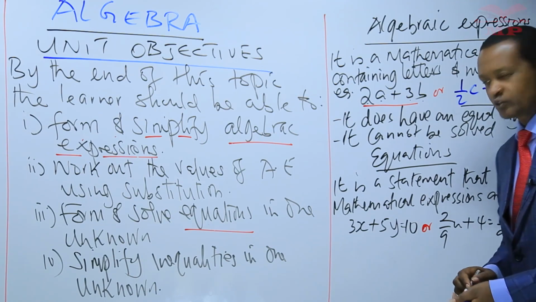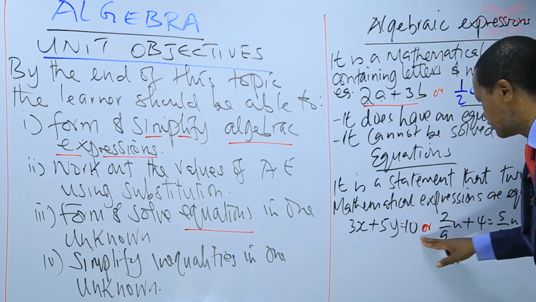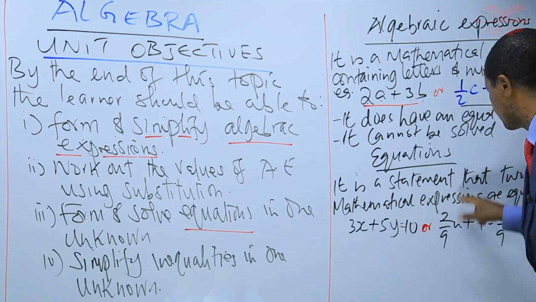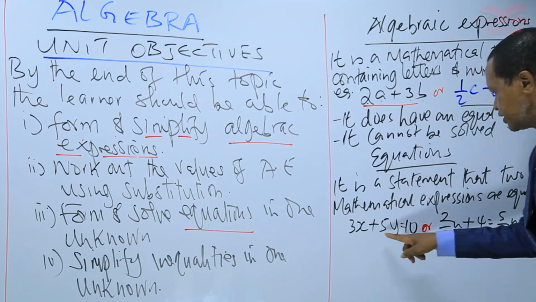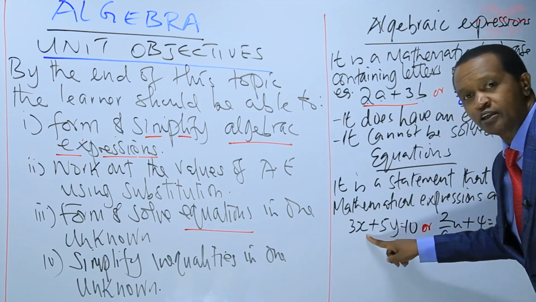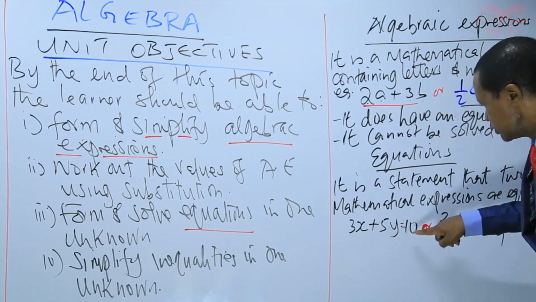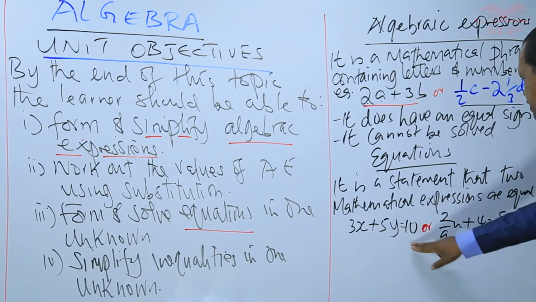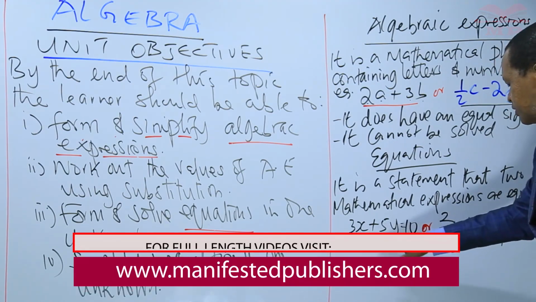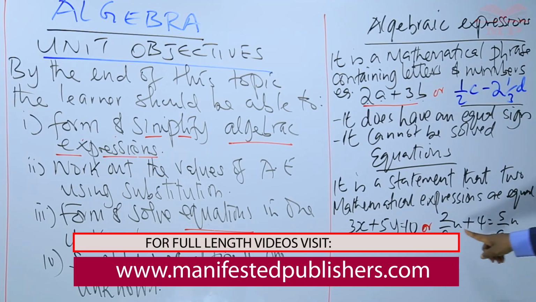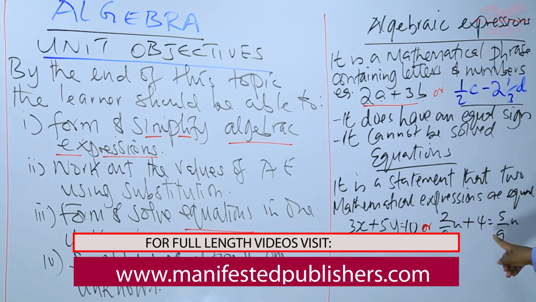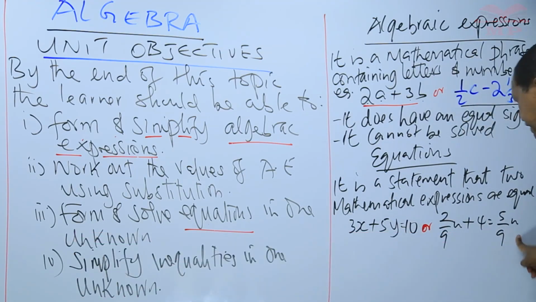All right. So these are examples of equations. It is a statement that two mathematical expressions are equal. This is a statement that 3x plus 5y is equal to 10. These are two mathematical expressions, 3x plus 5y and 10. Then we have here 2 over 9n plus 4, a mathematical expression which is equal to 5 over 9n.